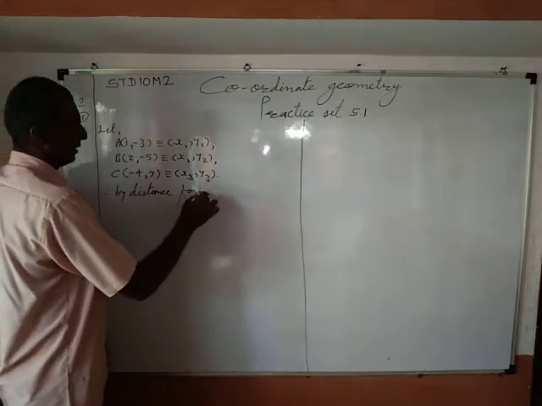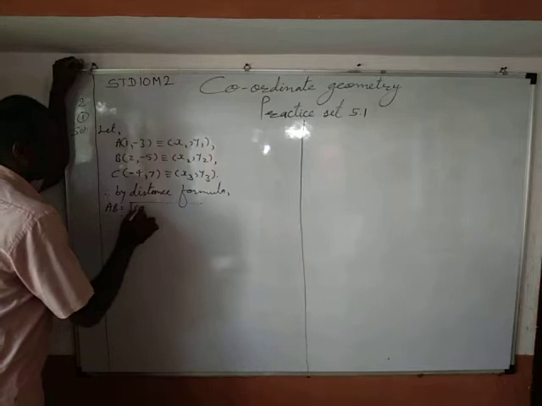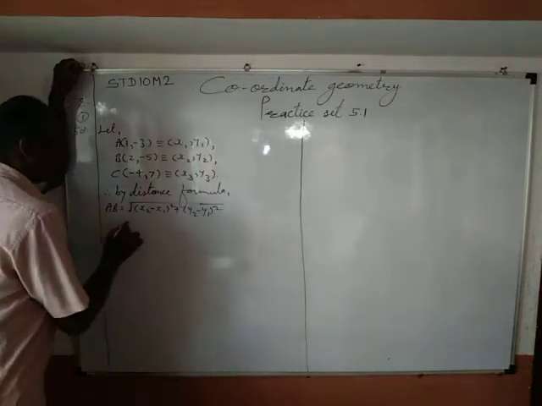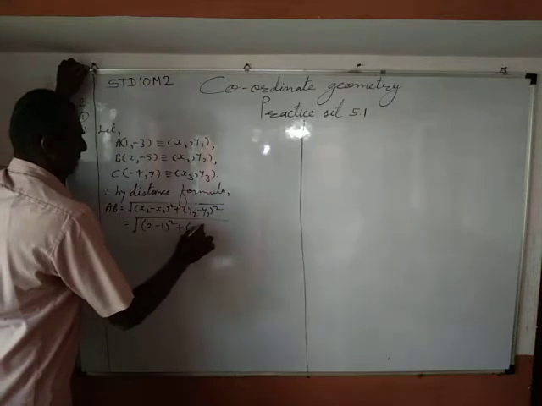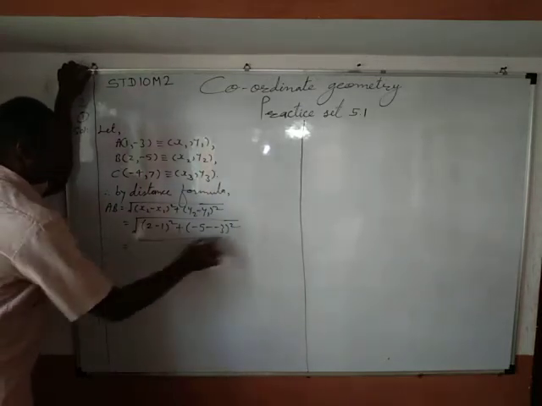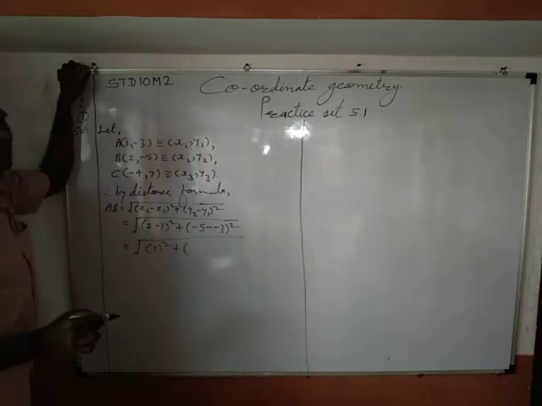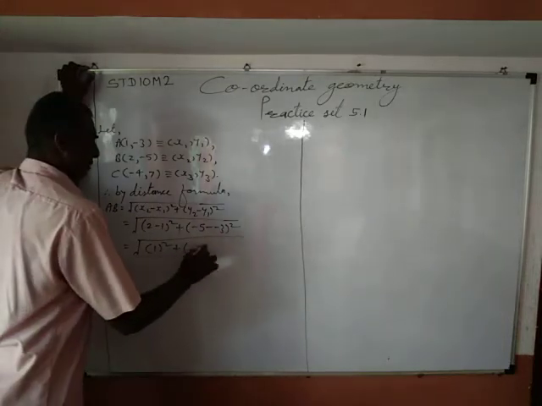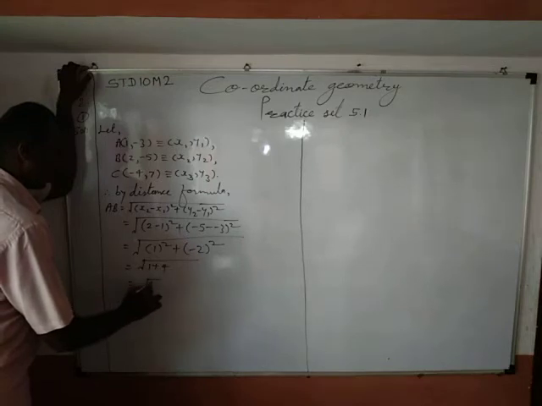By distance formula, AB equals under root (x2 minus x1) square plus (y2 minus y1) square, equals under root (2 minus 1) square plus (-5 minus -3) square, equals under root 1 square plus (-5 plus 3), that is -2, its square, equals under root 1 plus 4 equals root 5.